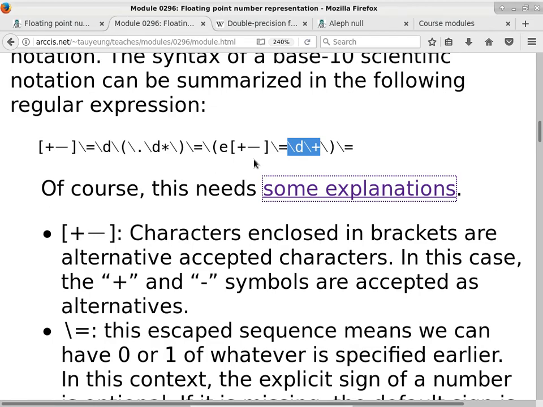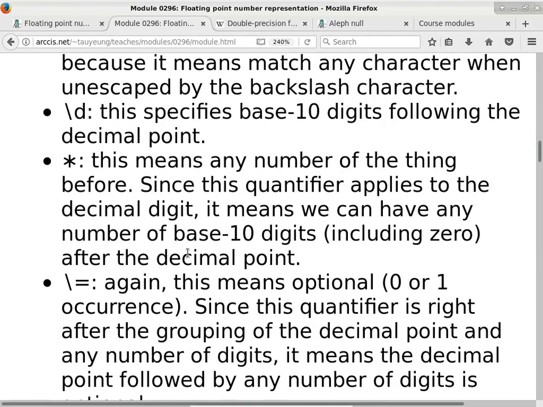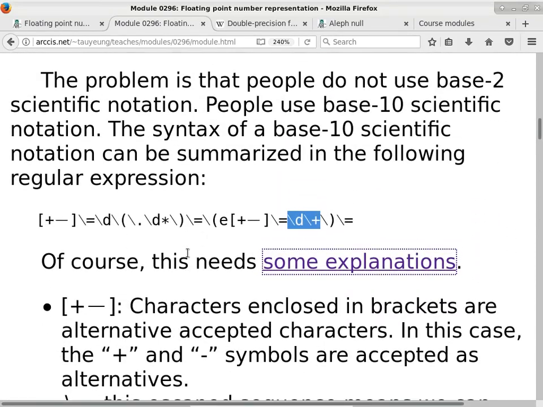All right. So the rest of this is really just explaining all the stuff that I have already explained verbally, so I'm not going to repeat all that stuff. At some point, you are going to write a program to parse scientific notation in base 10. This will come in handy because this spells out everything that you need to know about the parsing logic that you're going to implement in code.